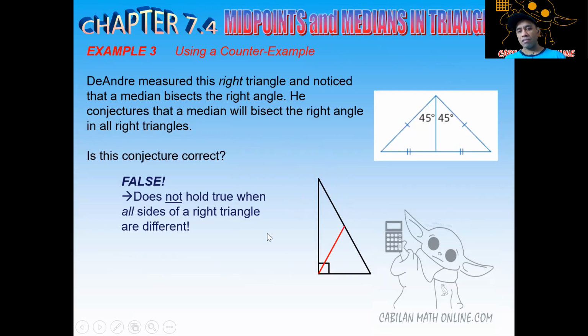This tells us that the median does not bisect the angle, because as you can see in the box, these are two different areas. So this particular example that DeAndre used only applies when you're looking at isosceles triangles. When you have all three sides different, which is a scalene triangle, it does not apply. So this is an example of a counterexample.